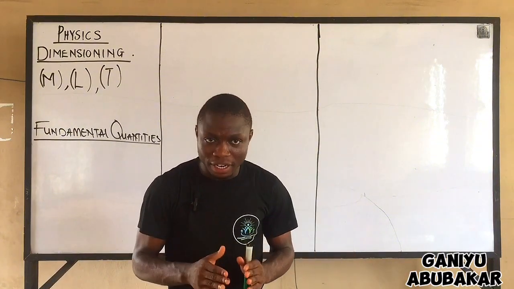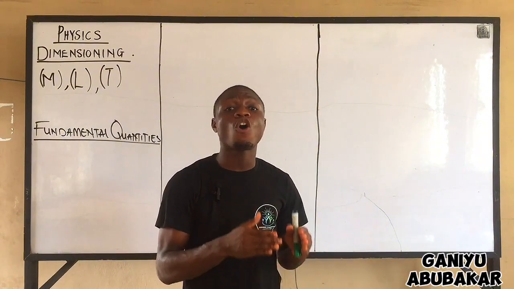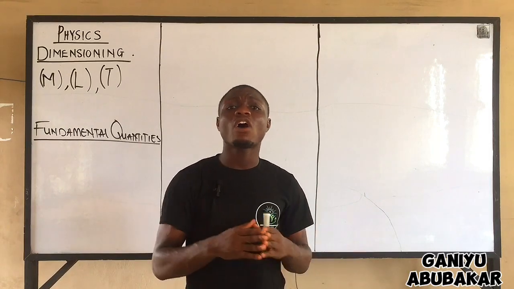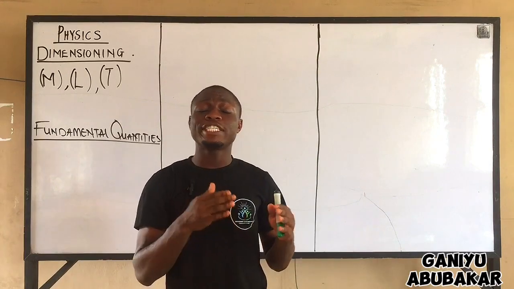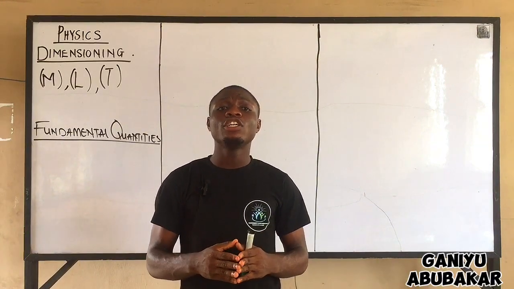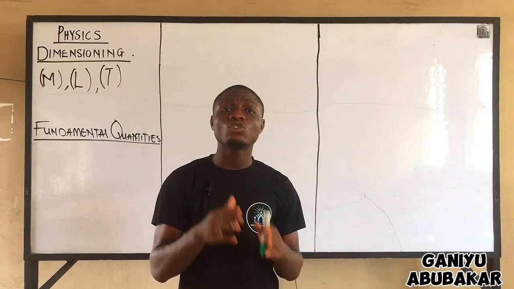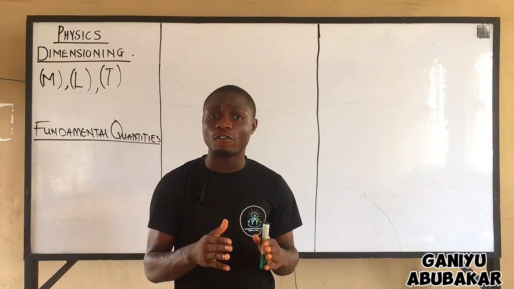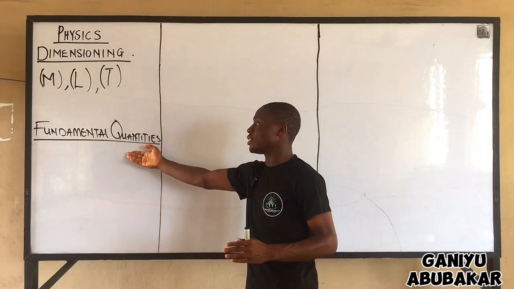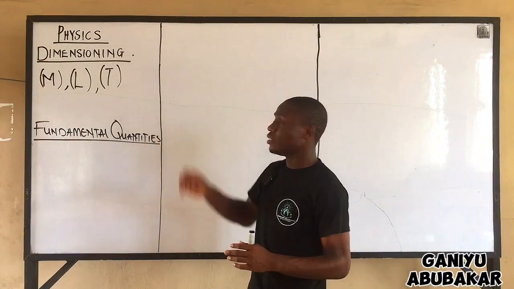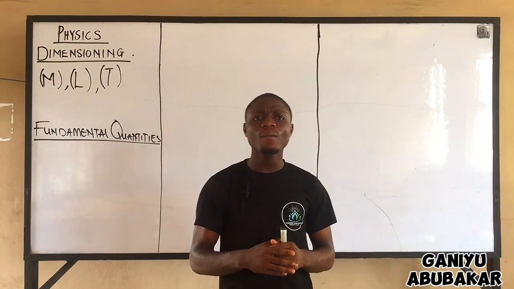The units of the fundamental quantities are called the fundamental units. It is important to note that the fundamental quantities are those quantities that form the basis for dimensioning. So it means that fundamental quantities form the basis for dimensioning.